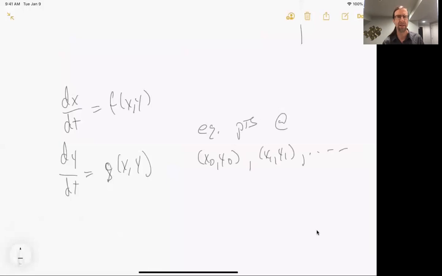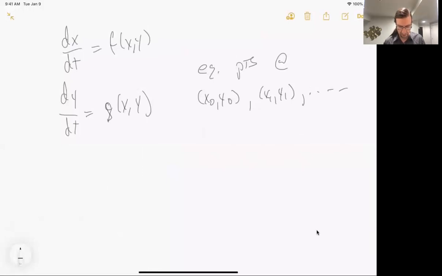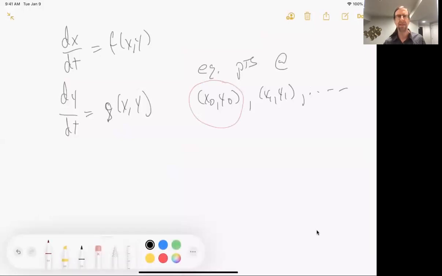Now we have a nonlinear system that might have multiple equilibrium points. Okay? But what we do is around this equilibrium point here, we're going to linearize the system by looking at a linear system with constant coefficients, and those coefficients are coming from the derivatives, except now we have multiple variables, so we're talking about partial derivatives now.